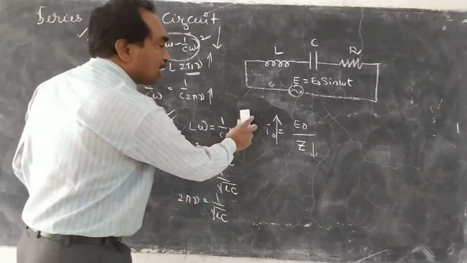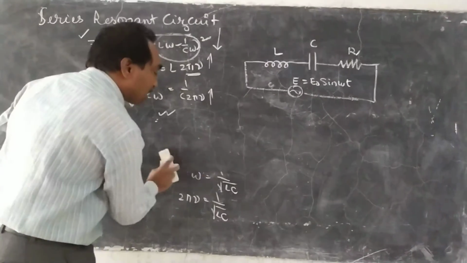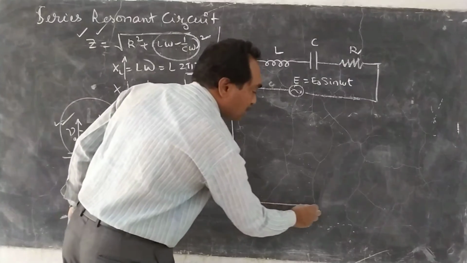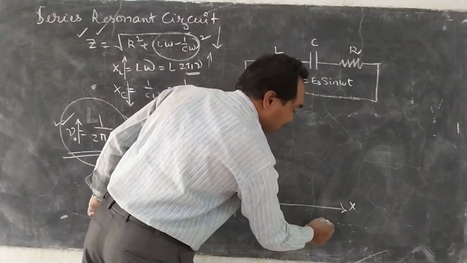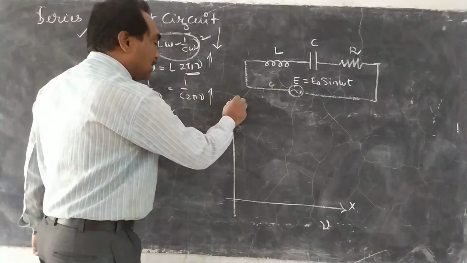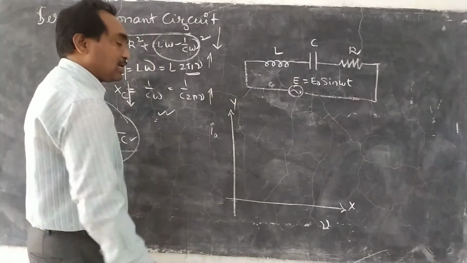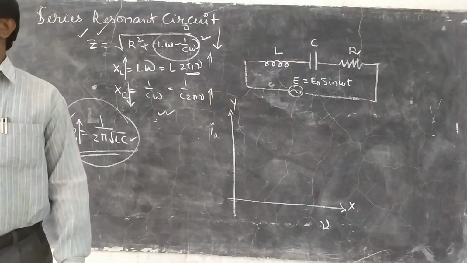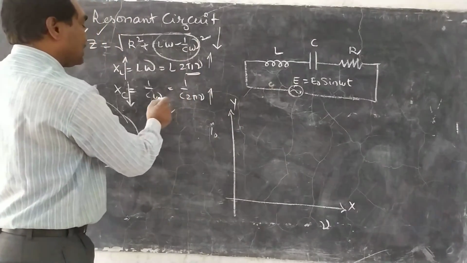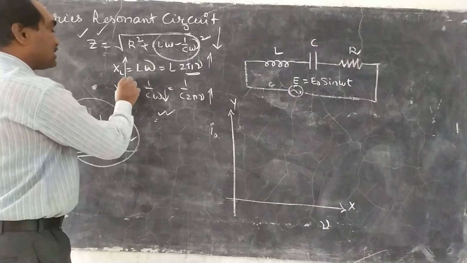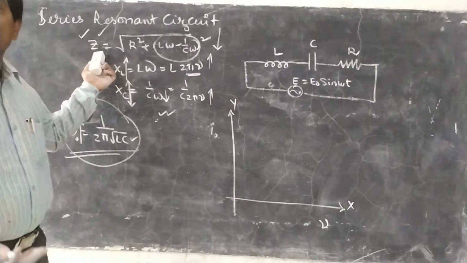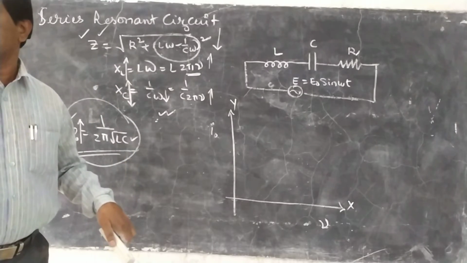Now when we draw a graph between current and frequency, we take frequency along the x-axis and peak current, I naught, along the y-axis. At very low frequencies, XC is more. XC more means impedance is more and current is less.